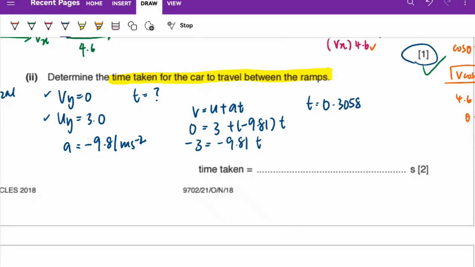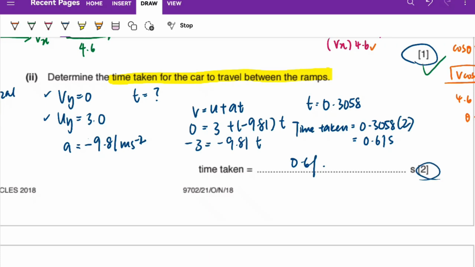But this is not your final answer. Your time taken is 0.3058 multiplied by 2. Remember. So this is your answer. Nicely, you get your 2 marks.